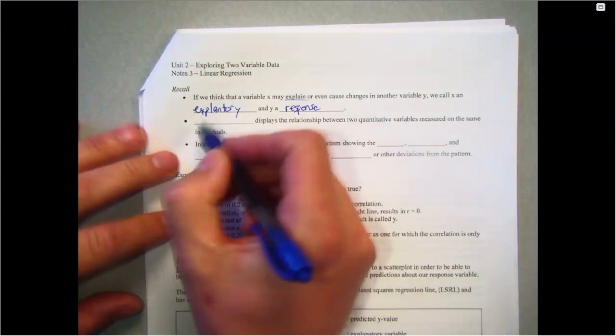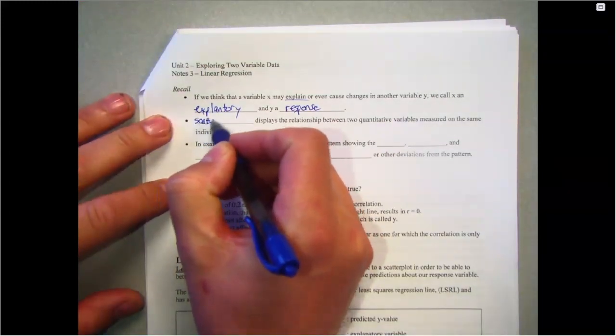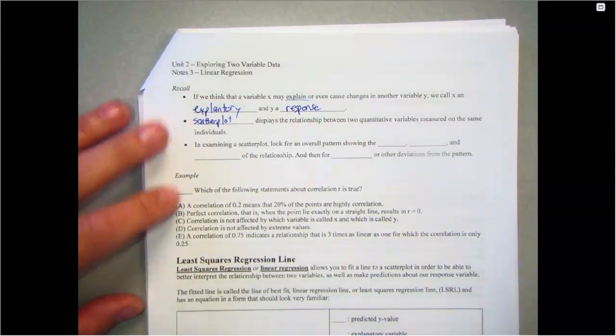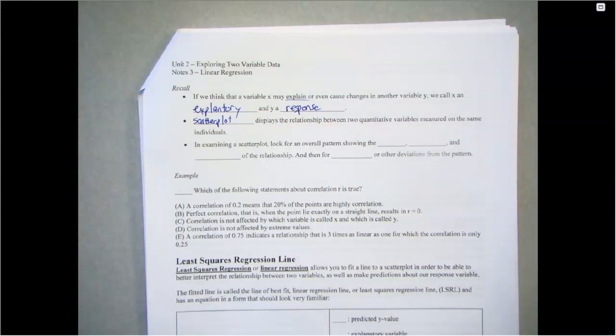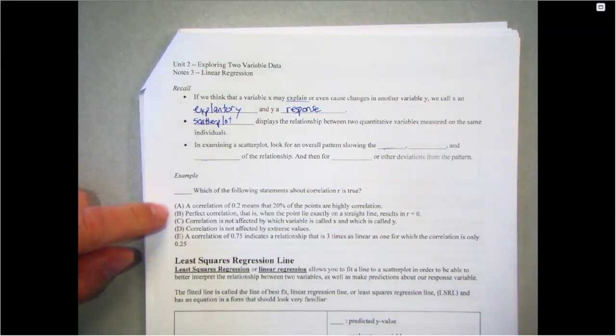This is a scatter plot. It's just like the definition of a scatter plot. And then when I ask you to describe a scatter plot, what are these three blanks that we practice looking for? What does FDS stand for?